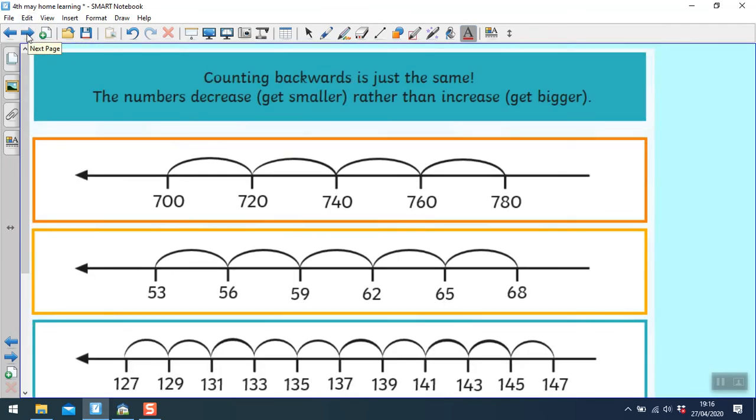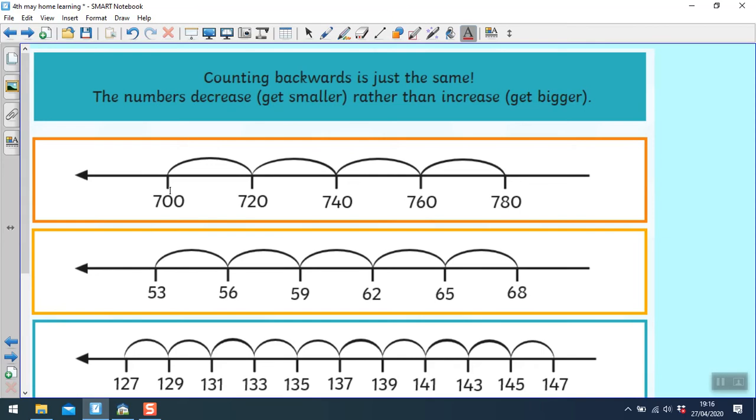Counting backwards is just the same. The numbers decrease, which means get smaller, rather than increase, which means get bigger. So this time the arrow's pointing this way. We're getting smaller. 780, 760, 740, 720, 700.